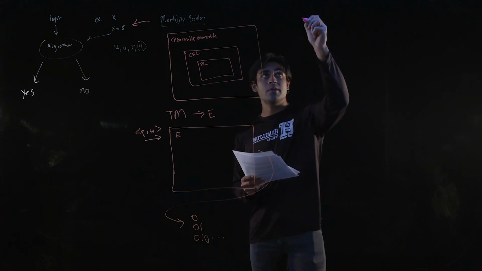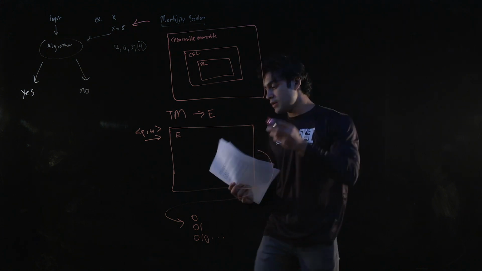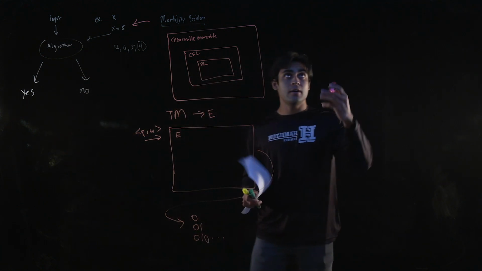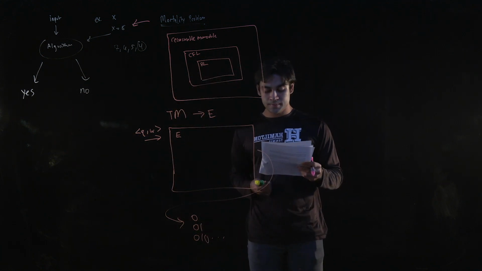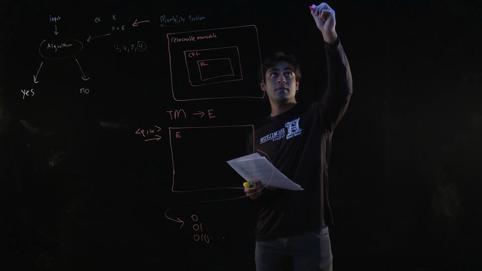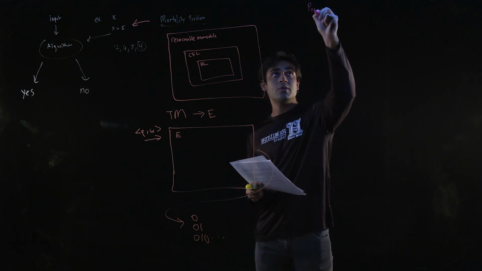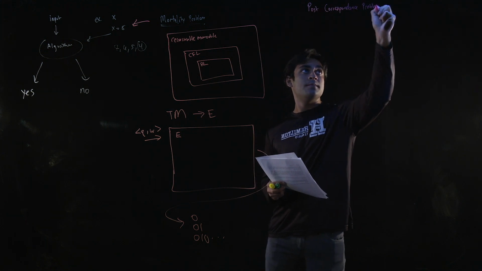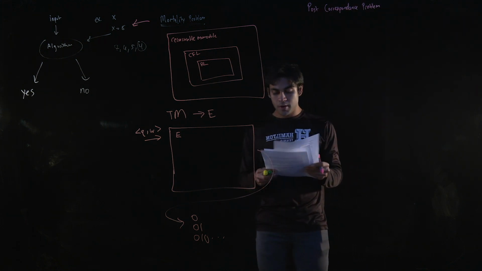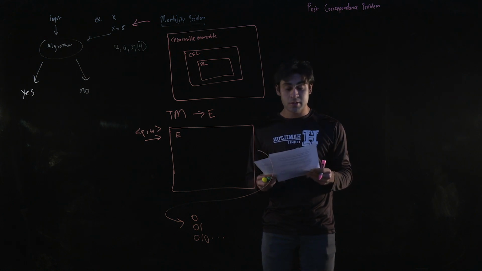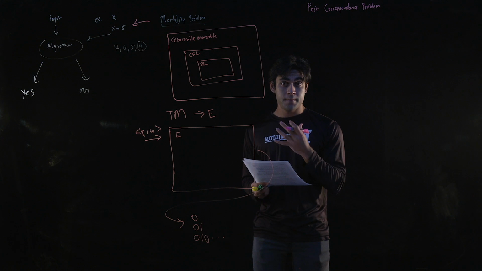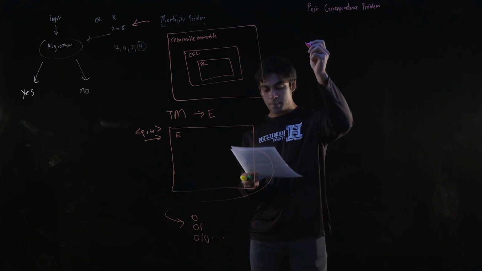So another example of a key decidable problem in computer theory is the Post Correspondence Problem. And this problem essentially works in this way, which is given a set of domino pairs.